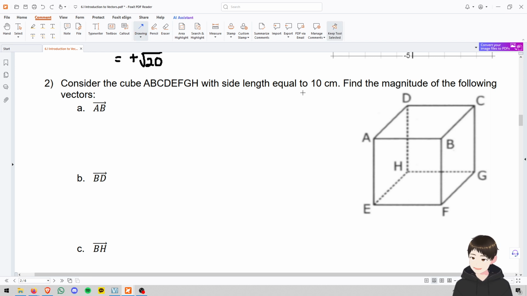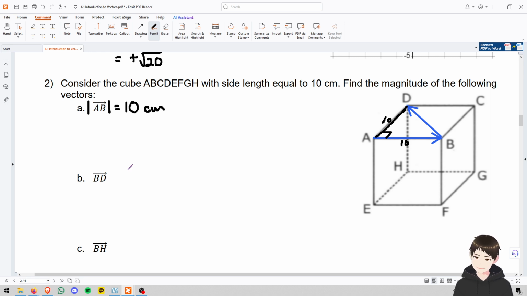Since it's a cube, I can assume every side length is identical. So vector AB is going to be 10 as well. Easy. Vector BD, however, happens to be a hypotenuse of a right angle triangle with side lengths 10, 10, ta-da.